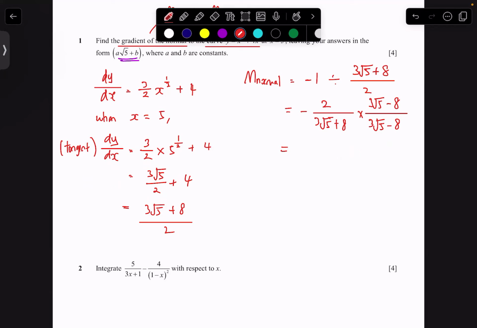Multiply the -2 in, and I will get negative 6 root 5 plus 16 over the denominator: 3 times 3 is 9, 9 times 5 is 45, 45 minus 64 is -19... so separating them out, I will have negative 6 over 19 root 5 plus 16 over 19. Answer.